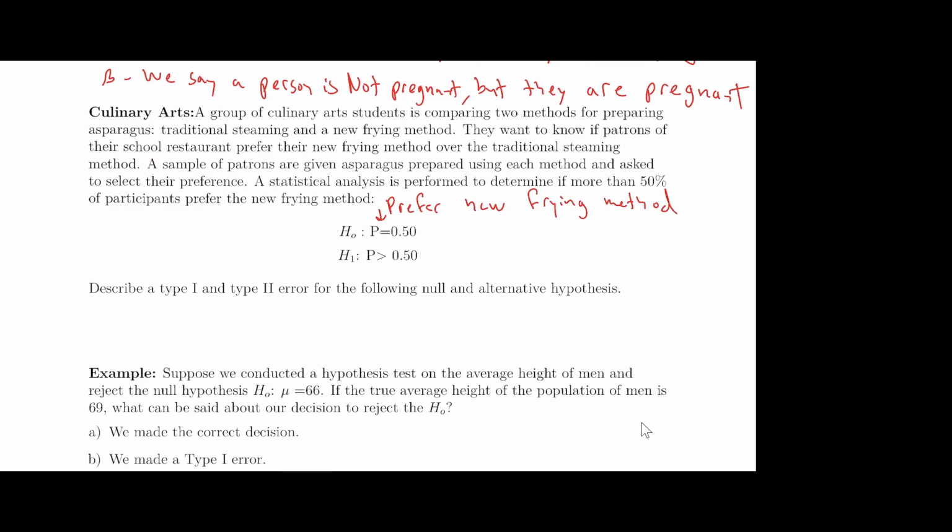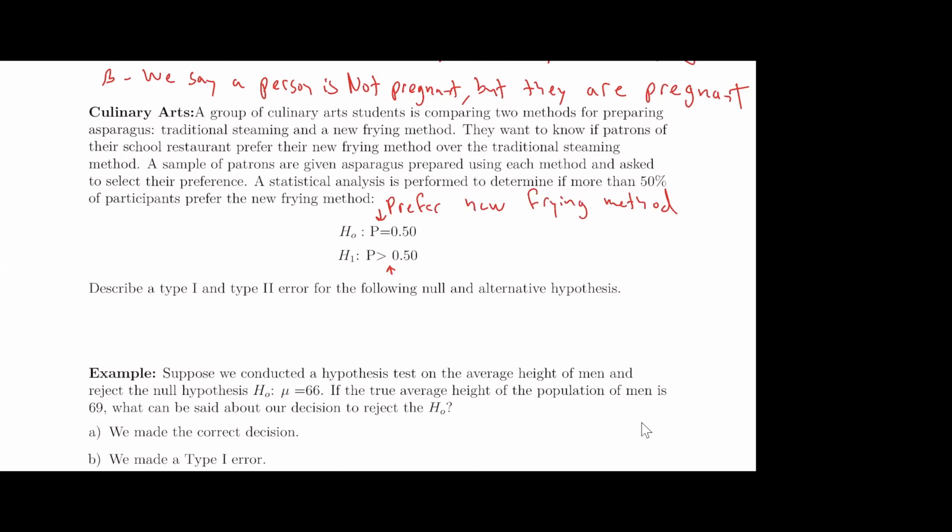So when it says p is equal to 0.50, that means the majority of the patrons don't prefer the new frying method. If you look at the alternative hypothesis, it says p is greater than 0.50, that means more than 50% of the patrons actually prefer the new frying method.